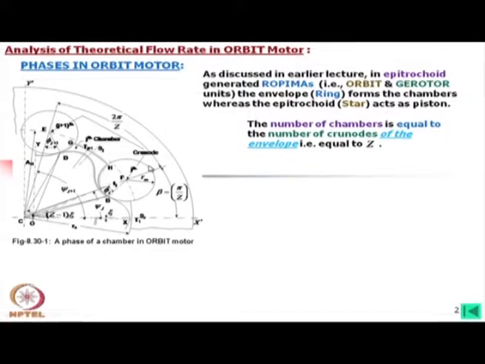Again, in the earlier discussion we saw that the ripple is less in the case of an odd number of chambers. So while we discuss the formulations, we have to be careful that Z is always an odd number, that means the number of chambers is always odd.